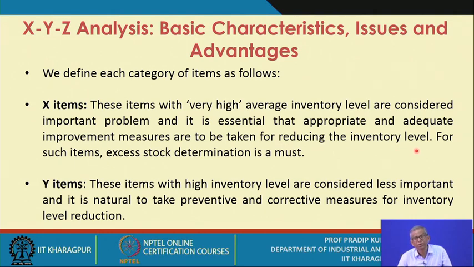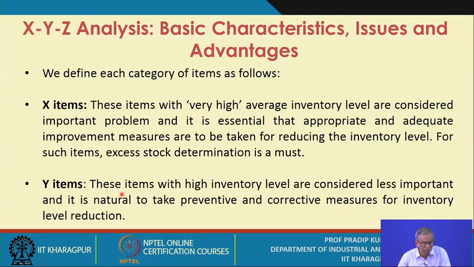You may need to change the inventory policies or inventory control systems, or even if you follow the same inventory policy, you may change the parameter values of a given inventory control system to reduce the average inventory level. For such items, excess stock determination is a must.